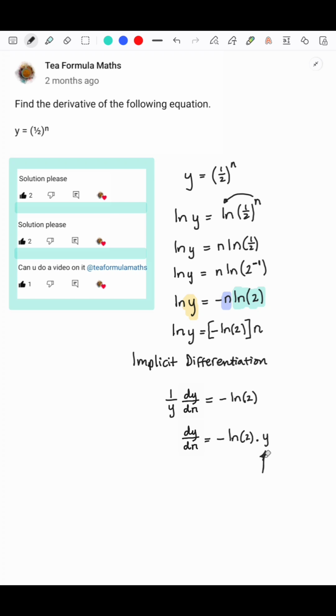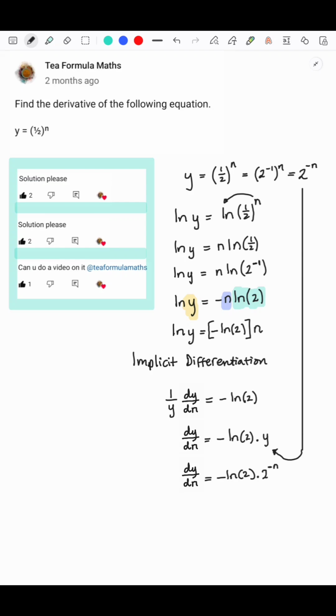Having a y in here is a problem, so we'll try and find a different definition of y. This one is not the best to suit what I'd like, so I'm going to change it to 2 to the -1 to the n, which is 2 to the -n, because you've got that rule where you have brackets and the indices will multiply. Bringing that all the way down, and in here, this final form.